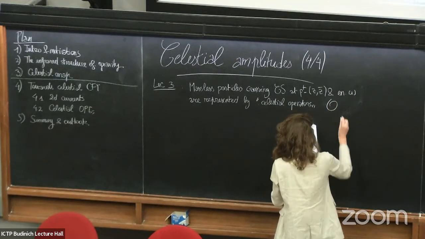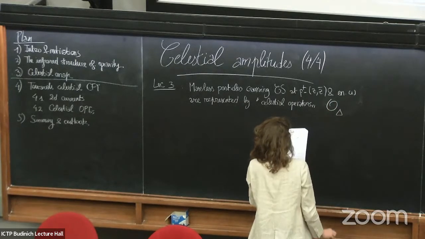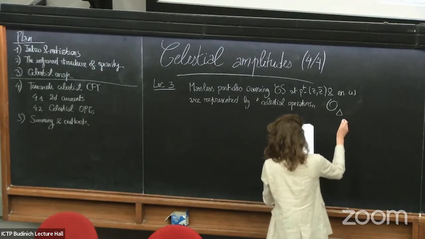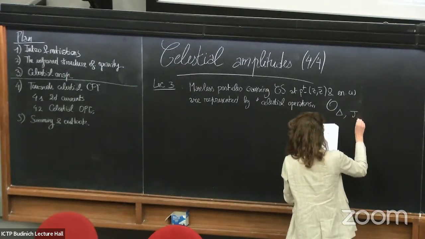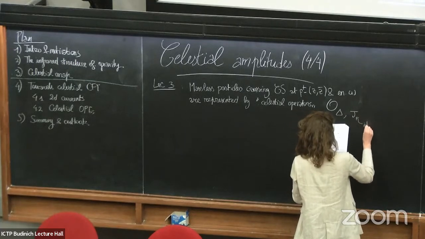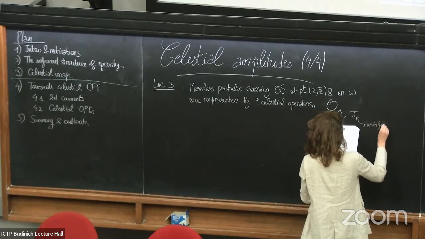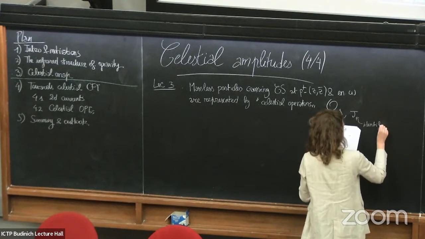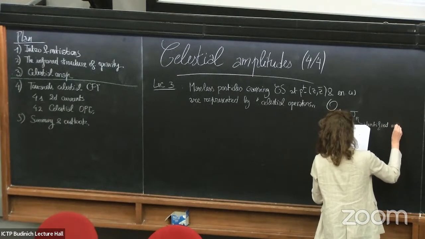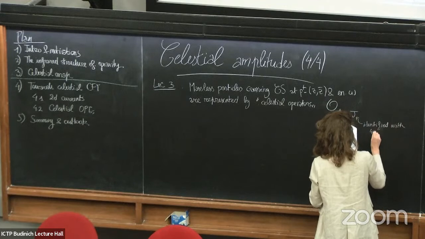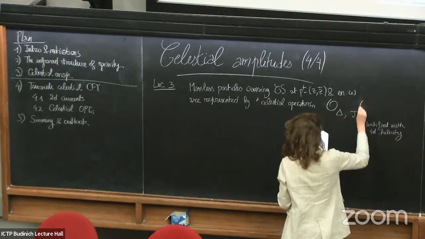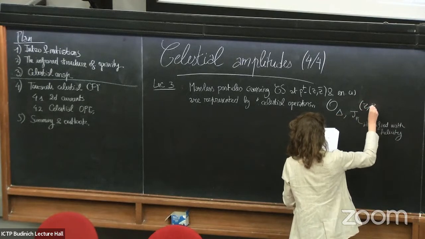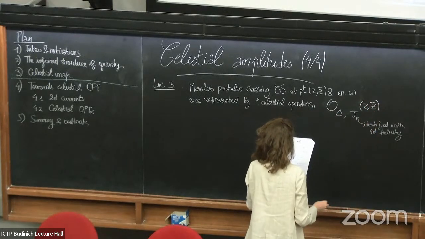denoted by curly O, which carry a conformal dimension delta and a 2D spin. The 2D spin is identified simply with the bulk helicity of the particle. This operator is inserted at some point z and z bar.